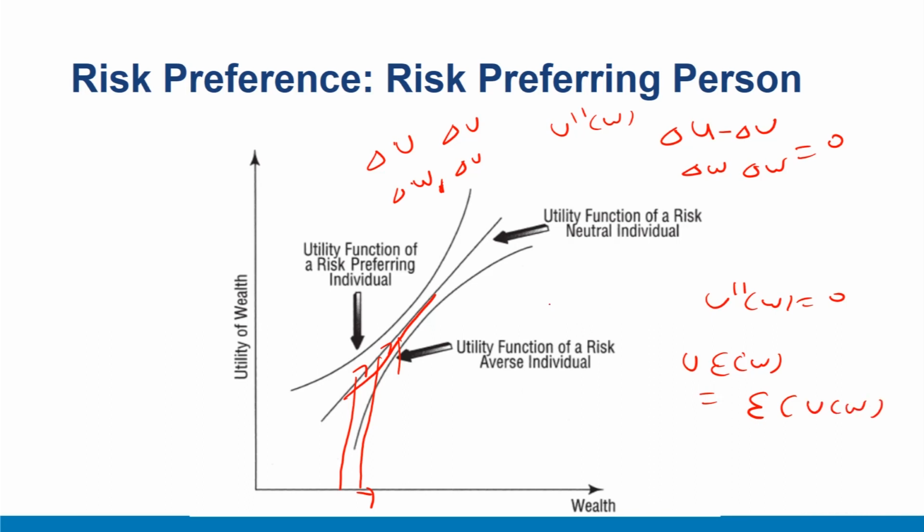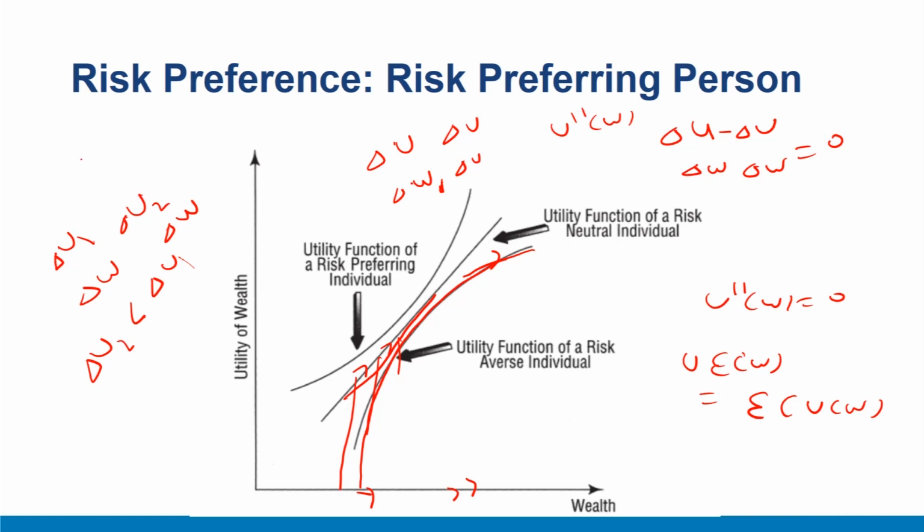Now compare this to a risk averse individual, for which this kind of curve is there. The curve is more concave in nature. Notice that as we give him more and more wealth, the utility of wealth U for each incremental unit is declining, which means that for the same amount of delta W earlier, the utility may be delta U1, and for the next set of delta W, the utility may be delta U2, and there delta U2 is expected to be less than delta U1.